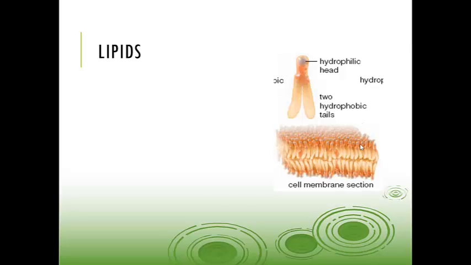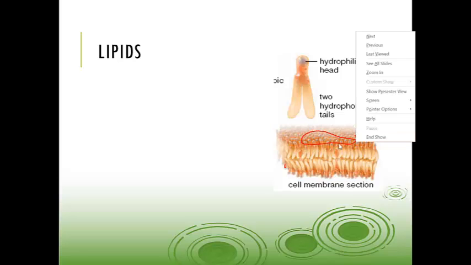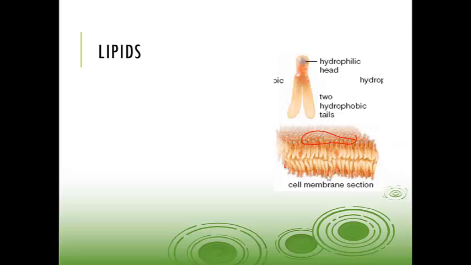And here's what I was talking about before with your bilipid layer. Here is a great section of a cell membrane. Here are your hydrophilic edges, and in here is your hydrophobic. Okay?